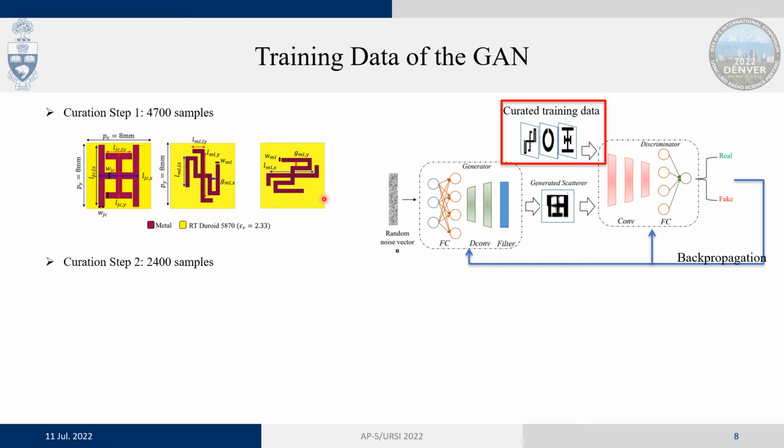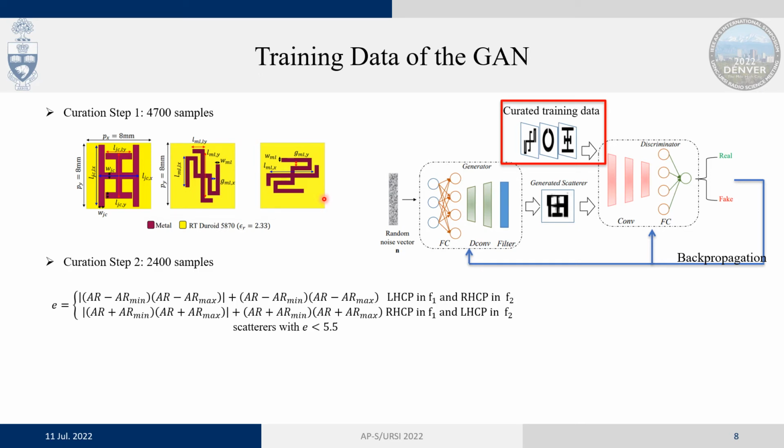Therefore, we take a second step where we define an error for the axial ratio of the reflected circularly polarized wave. As we mentioned, the axial ratio should be between 0 and 3 dB in the amplitude, and it should switch between the bands. So we can define an error for this axial ratio based on the formula you can see here.